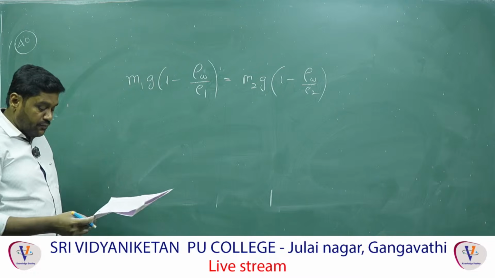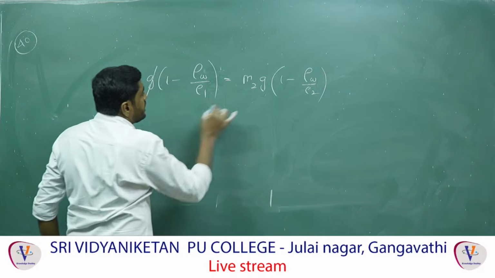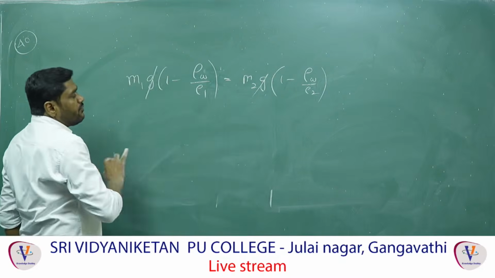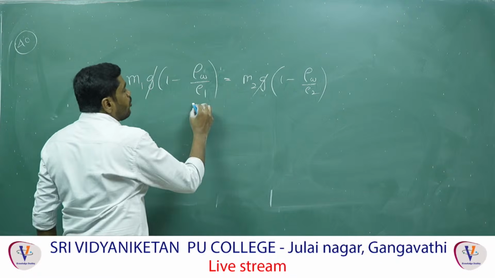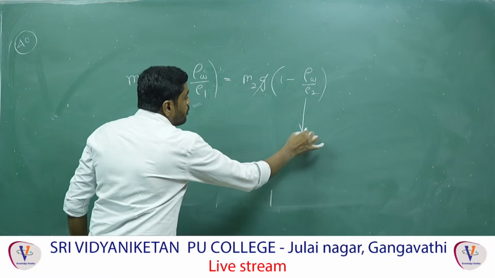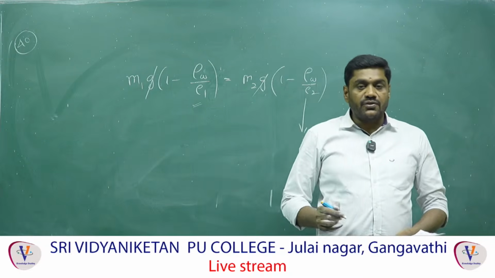M1 is given, so g gets cancelled, and after simplification you can get the answer. M1 is given, M2 is given, and rho is given. They are asking what rho 2 is equal to. Simplify and you will get the answer.